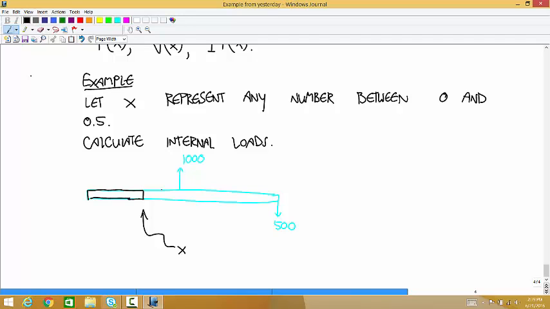And no matter what this x value is, it could be 0.01, or it could be 0.49, or anything in between.